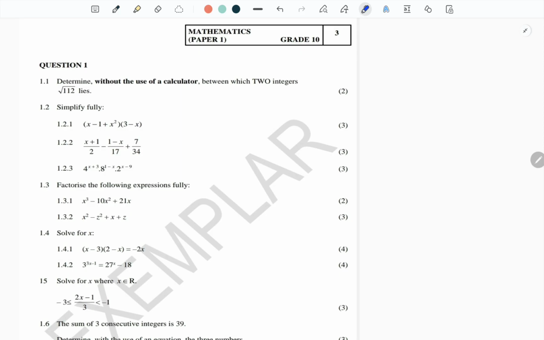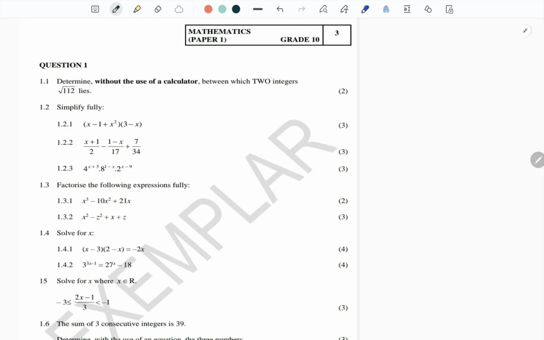All right, okay, so I'll start with question 1.1. Determine, without the use of a calculator, between which two integers the square root of 112 lies. Okay, so we determine without the use of a calculator, right? And then determine between which two integers we find the square root of 112.